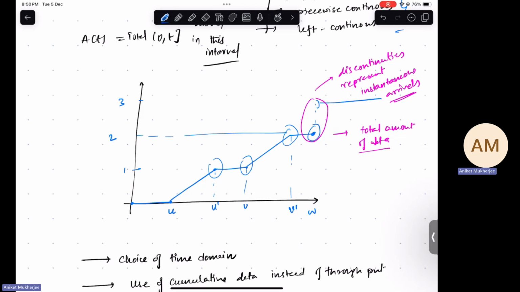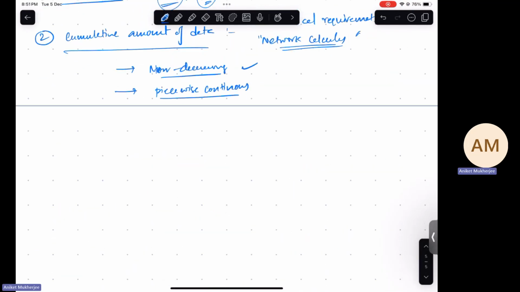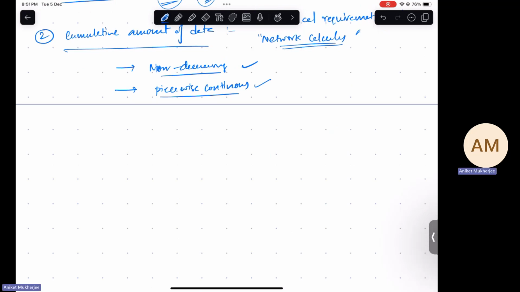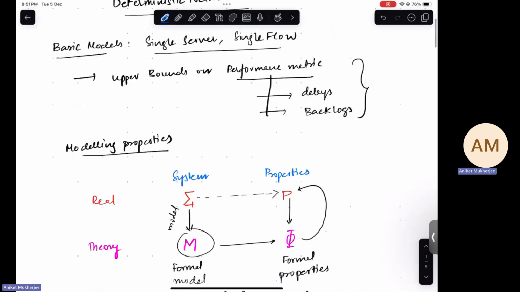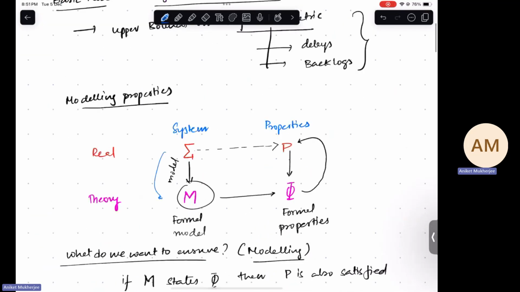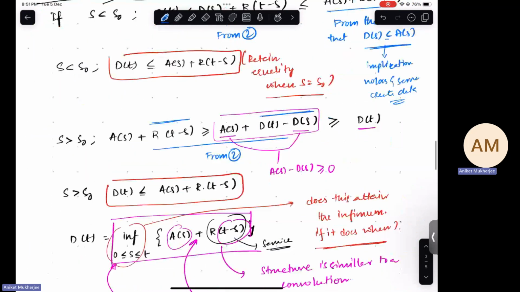Because of this nature, there are some finite discontinuities when some instantaneous amount of packet arrives. So we want this to be piecewise continuous. That is just a modeling thing that you want to capture from the real system. As I have told here, you want to capture as much of the real world system as you can in your theory when modeling. So these two properties come under that.